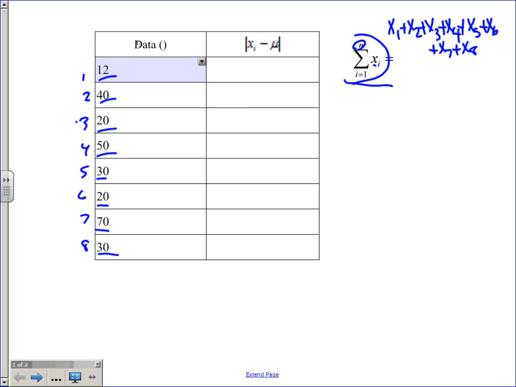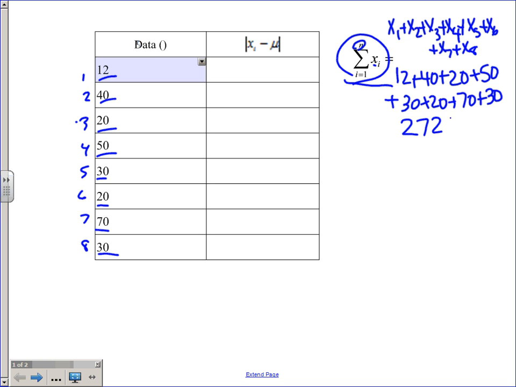That's what this says. So let's do that. 12 plus 40 plus 20 plus 50 plus 30 plus 20 plus 70 plus 30. And when I add all of those together, which I've already done, I get 272. So that's what this is. It's 272. That's all the data points added up together.